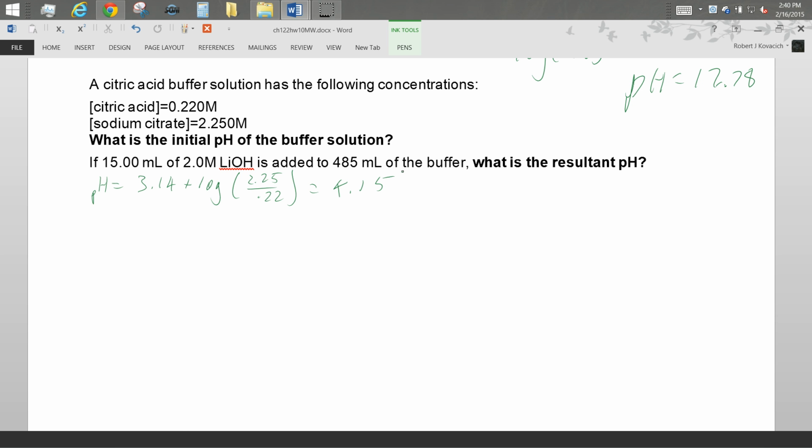I need to know how many of them there are. What do I mean by that? You mean out here lithium hydroxide? I need to know how many OHs got put into the water. I don't care about the lithiums. No, don't care about the volume.